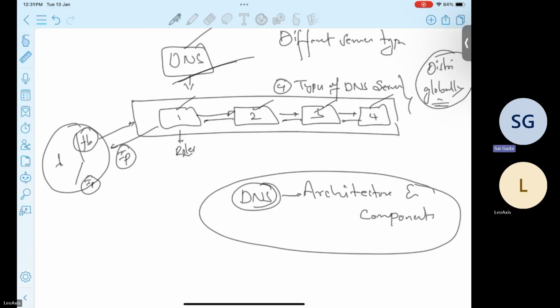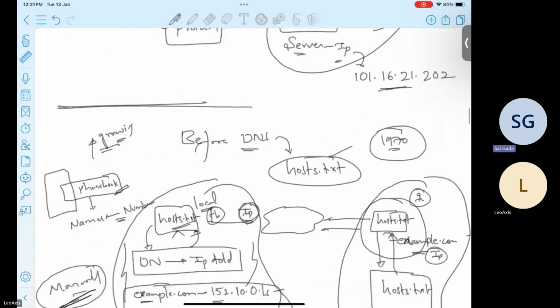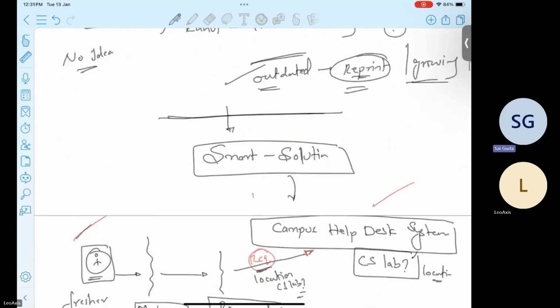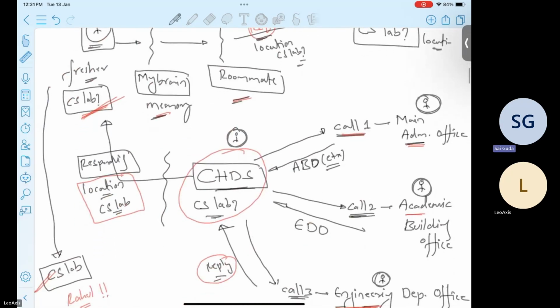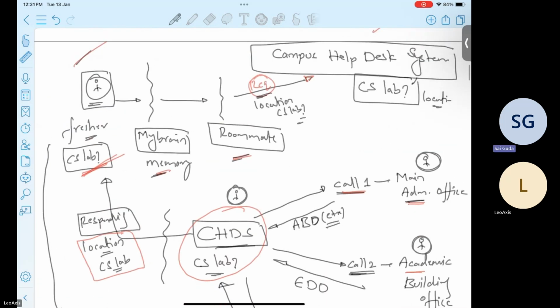If you observe this scenario, I already covered a story earlier with respect to the college. Whenever you are trying to find the computer science lab location, first you check with your memory, your internal memory. If you are unable to remember that address, you will check with your roommate, your immediate neighbor.